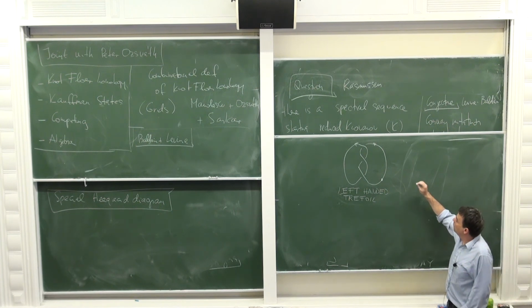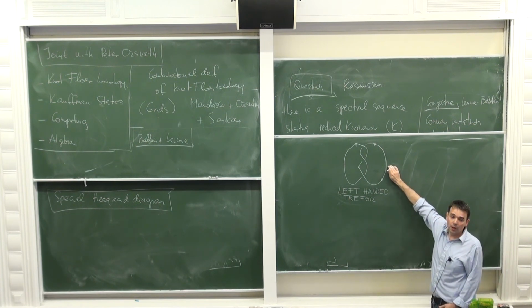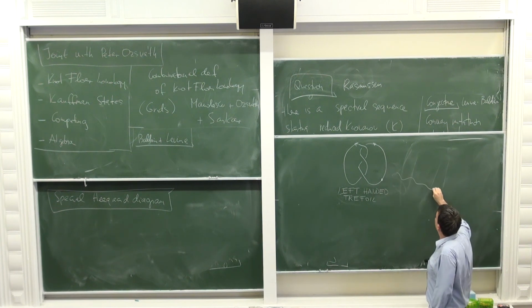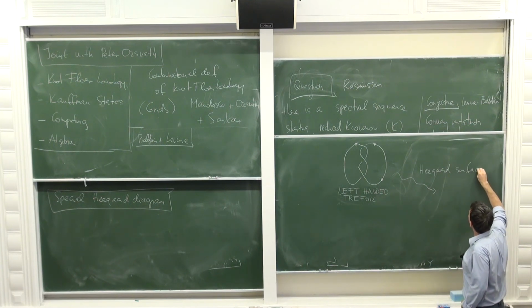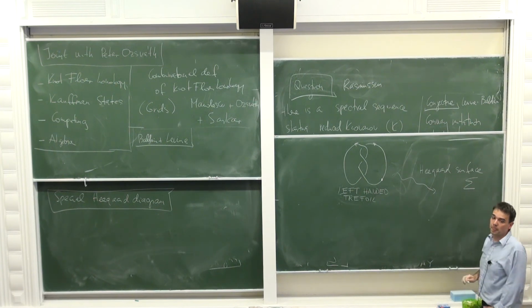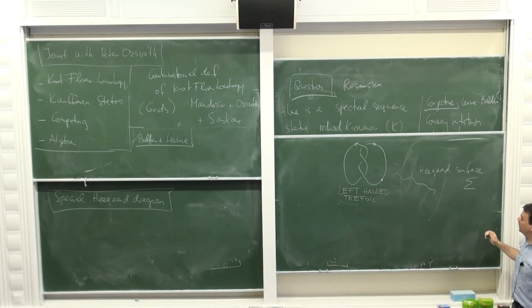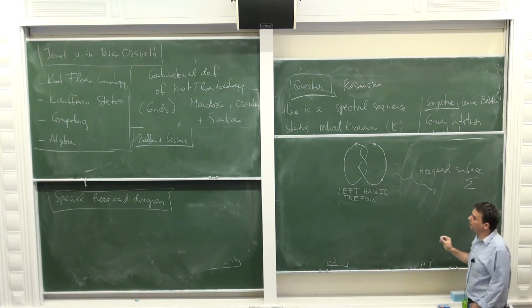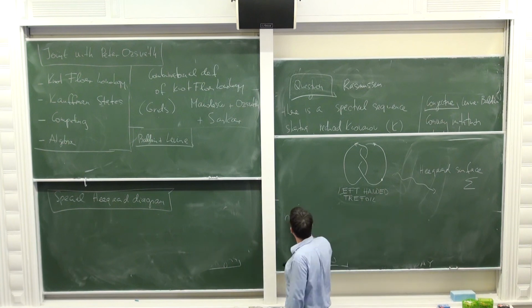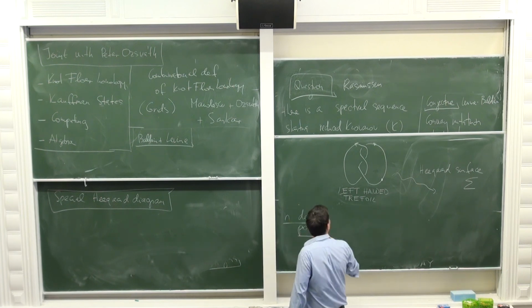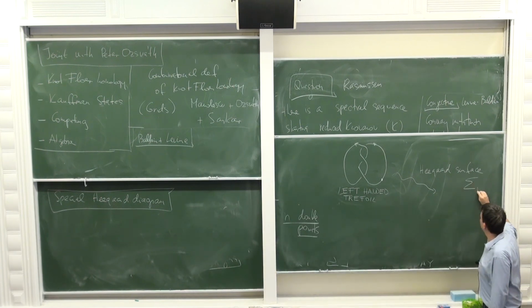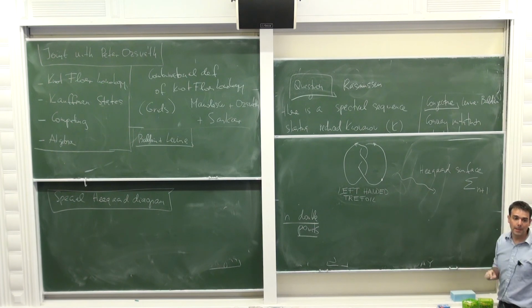So what we want is, starting with a picture like that, to get a Heegaard surface Sigma. And if we have n intersection points, n double points, then we want the Heegaard surface to have genus n plus 1.